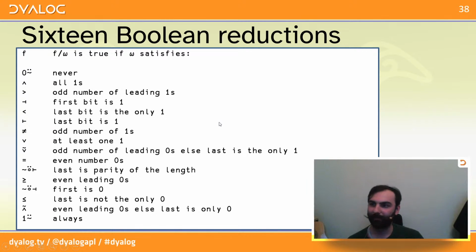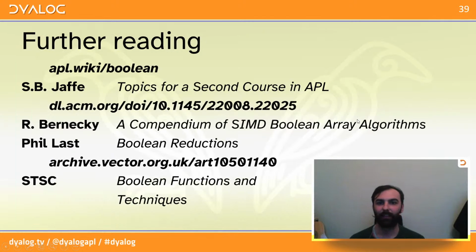Right, anyway, that's it for me talking about Boolean scans and reductions. As I said, I've tried to mainly focus on those that have quite a lot of applications, as in they appear in quite a lot of idioms.